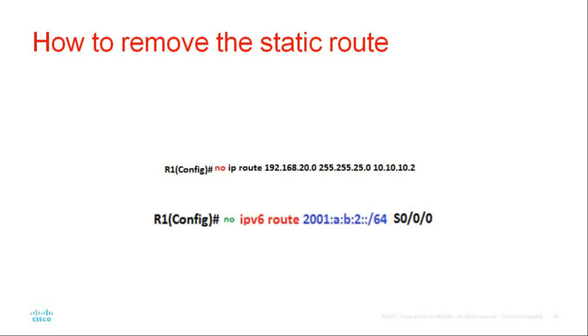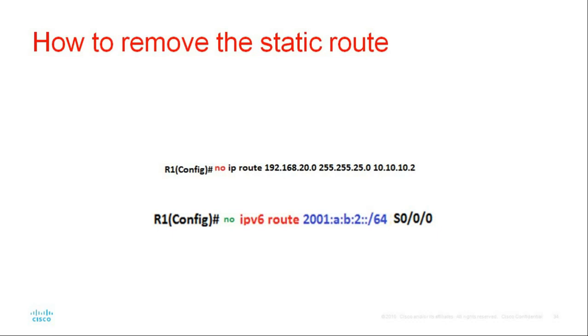For a host static route, if it is IPv4, you have to write the route for the destination host address, and the subnet mask is 255.255.255.255, that is full. And for an IPv6 host route, we have to give the prefix length /128. That is what you learned.